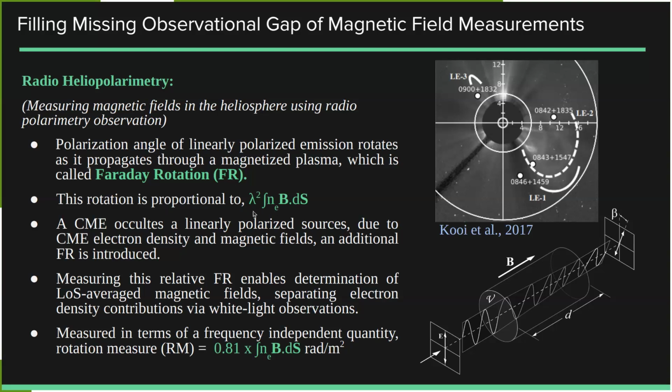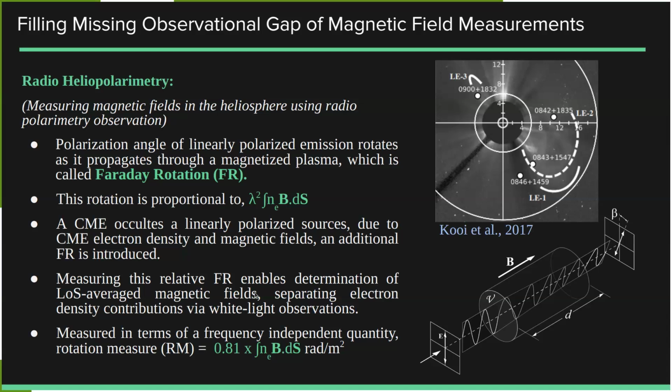This rotation is proportional to the wavelength squared and the line of sight integration of the electron density and the magnetic field. As you can see in this image, an observation taken by the Jansky VLA in New Mexico, there are several background sources which are occulted by the CME plasma. When this emission passes through the CME plasma, their Faraday rotation changes.